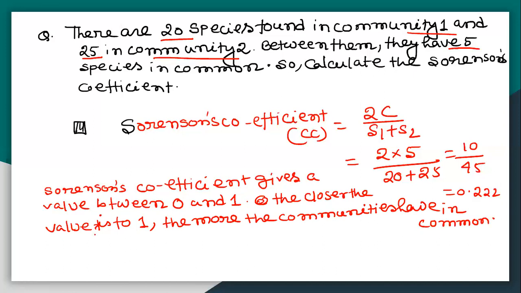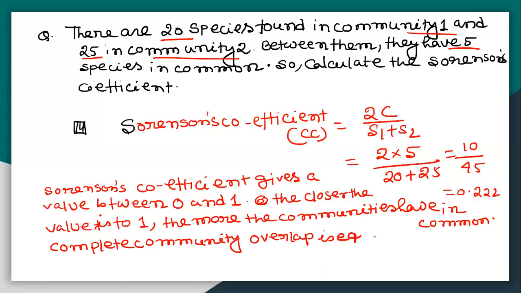For complete community overlap, if the two communities are completely similar, then the Sorensen coefficient value equals 1. If the communities are completely dissimilar, then the value is equal to 0.